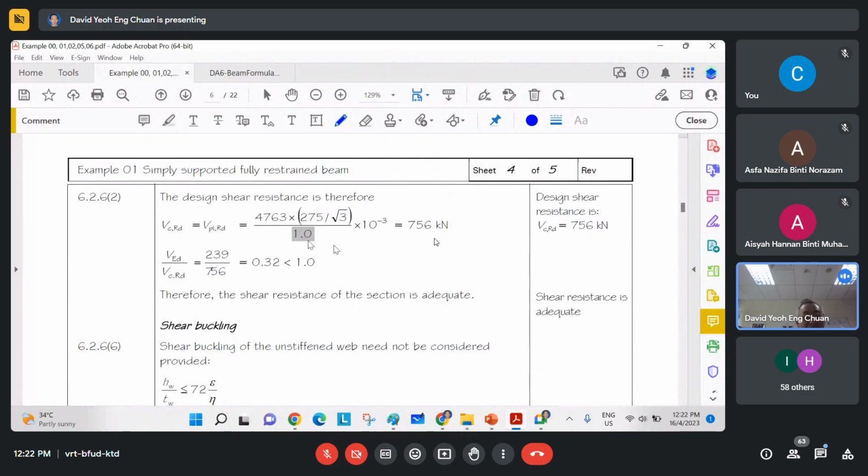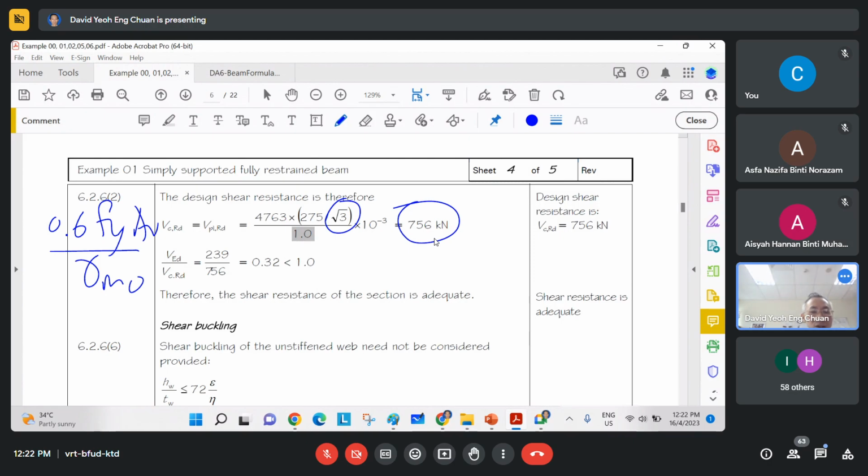We calculate the VCR. Once you get the AV, you put it into the formula, which is 0.6 FyAv divided by gamma M0, which is 1 divided by square root 3, actually 0.6. So you get 756.